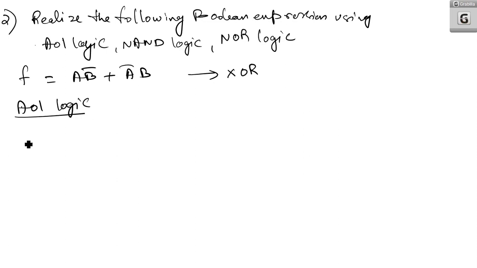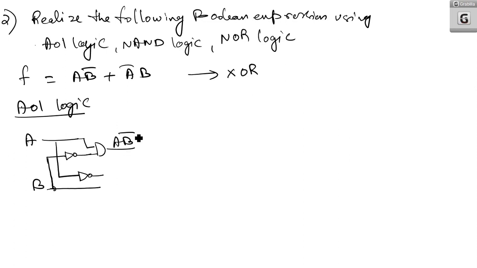We are having two inputs, A, B. First case is it is direct, and second case is it is noted. B, you are having direct, and the second case B is noted. So first is AB bar. So here you get an AND gate.